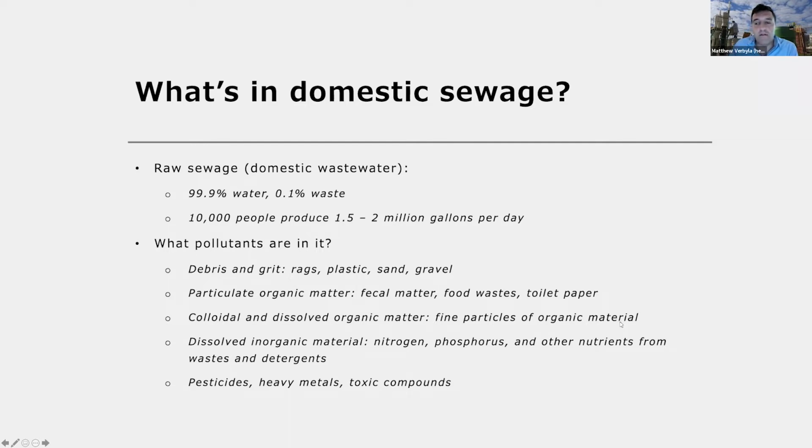These are fine particles that are more difficult to remove and separate from the water. You've got dissolved inorganic material like nitrogen, phosphorus, and other nutrients from waste and also coming from detergents. You've got pesticides, potentially heavy metals, toxic compounds, depending on the use and the zone that's producing the wastewater.